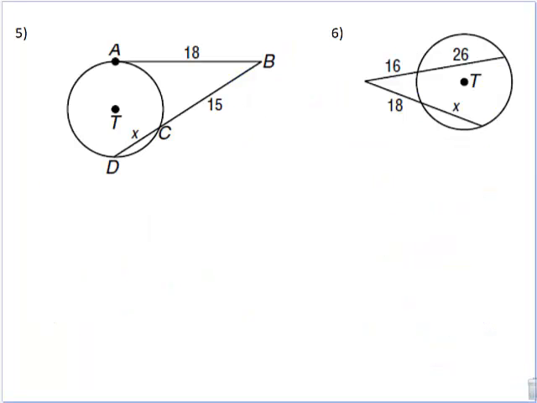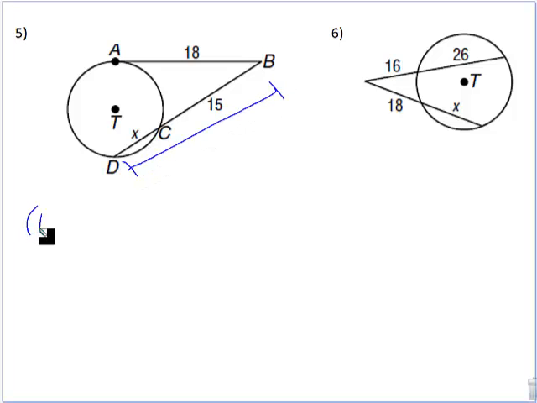Number 5. So now we're dealing with outside. Anytime we're intersecting outside the circle, we need to take the whole length times just the portion outside. Okay? So for 5, what would we have here? It's not 15 times x. 15 is the length outside, but what would be the whole length?